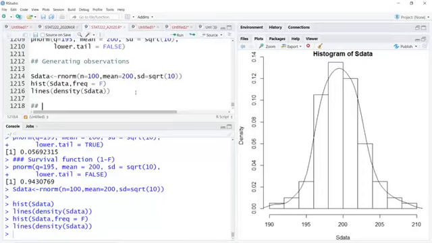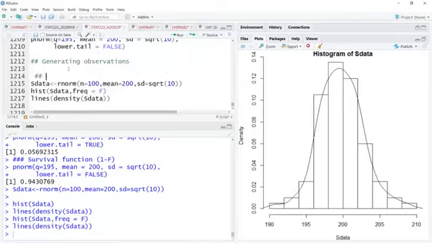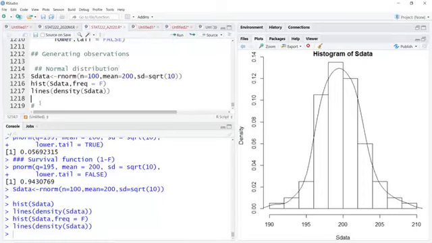Let's look at another example, like this is from a normal distribution. Let's look at exponential.